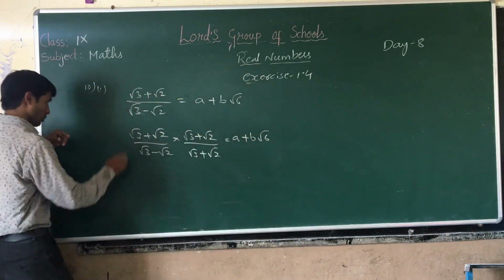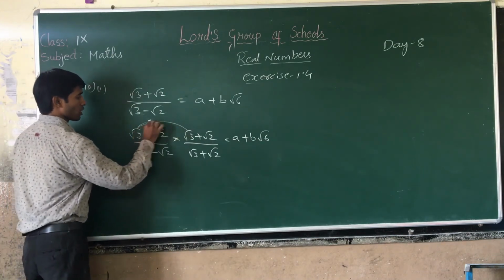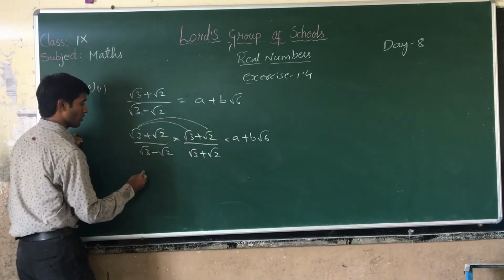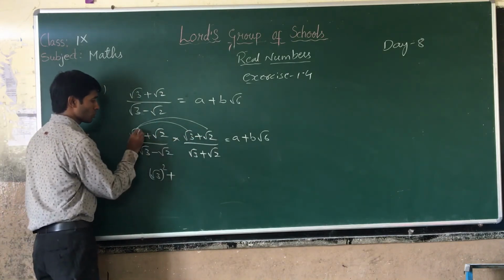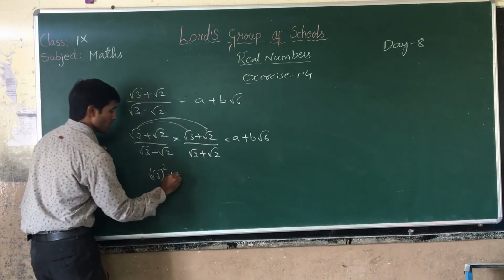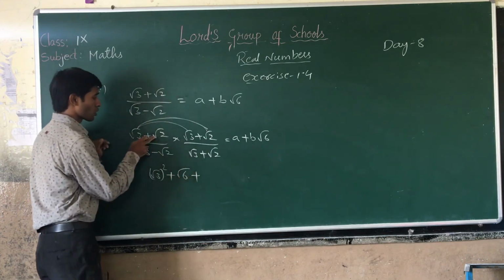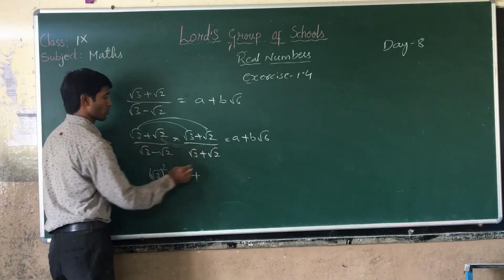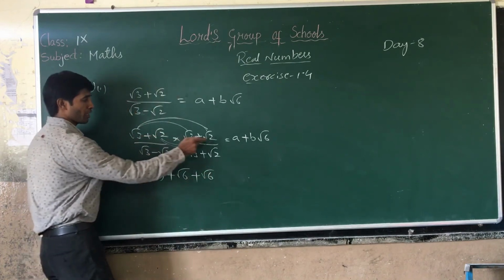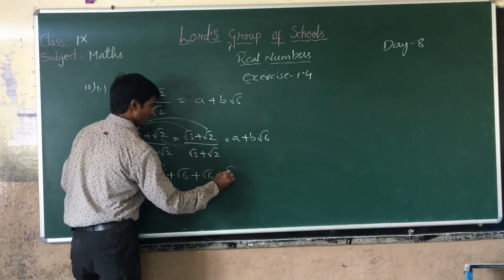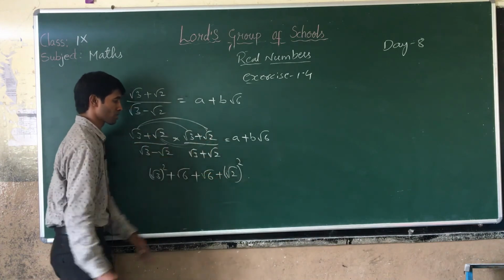Now, the numerator is a plus b whole square. Root 3 into root 3 will become root 3 whole square, plus root 3 into root 2. Both are square roots, so we can multiply: square root of 3 into 2, that is root 6, plus root 2 into root 3, which becomes root 6, plus root 2 into root 2, which is root 2 whole square.